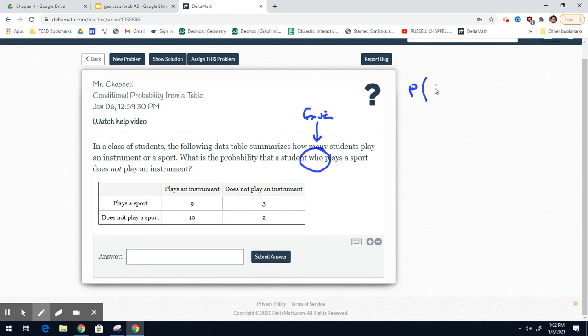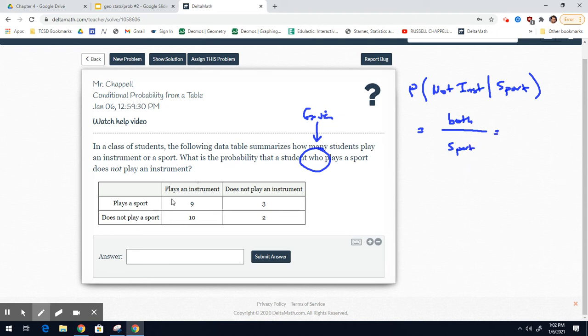So we're trying to find the probability of not playing an instrument given that they do play a sport. Okay, so again, it's going to be the probability of both over the probability that they play a sport. That's what we're going to do.